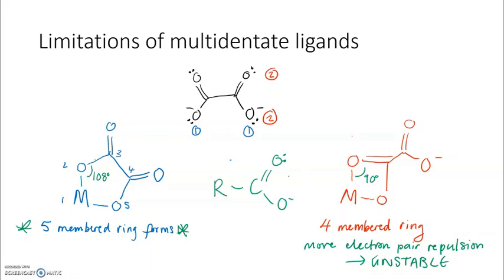While your carboxylate functional group does have 2 oxygens with lone pairs on each of them, it does not act as a bidentate ligand, because in order for both of those oxygens to form dative bonds to the same transition metal ion, you would end up with a 4-membered ring, which is unstable because the bonds are too close together and there's too much repulsion.